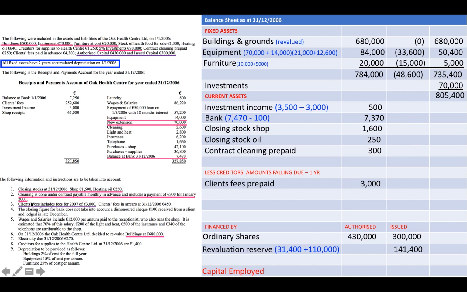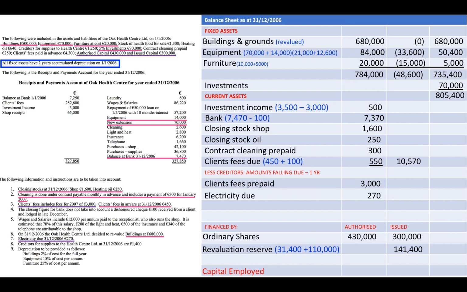Then we have in note 3, clients' fees include fees for 2007 of €3,000. That is clients' fees prepaid for next year. So that is a liability because you owe those clients that membership. And then the second part of note 3 there, clients' fees in arrears, 450. But remember, we had €100 dishonoured cheque, so we're going to add that on there, €550 there then.